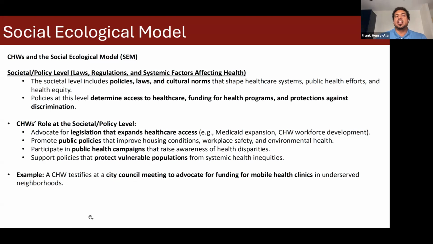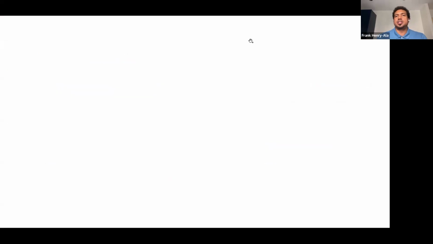Policies at this level determine access to healthcare, funding for health programs, and protections against discrimination. The CHW's role at the societal policy level is to advocate for legislation that expands healthcare access, promote public policies that improve housing conditions, work safety, and environmental health, participate in public health campaigns that raise awareness of health disparities, and support policies that protect vulnerable populations from systemic health inequities. For example, the CHW testifies at a city council meeting to advocate for funding for mobile health clinics in underserved neighborhoods.